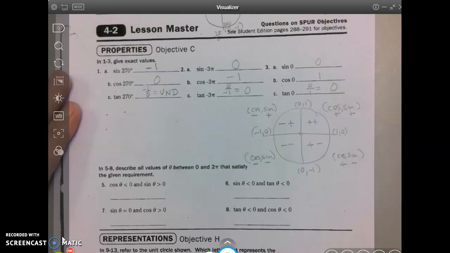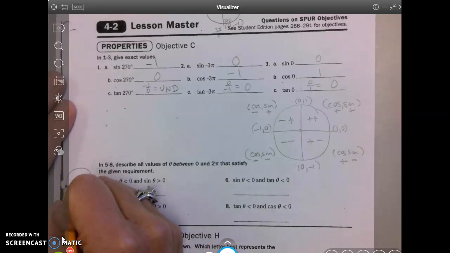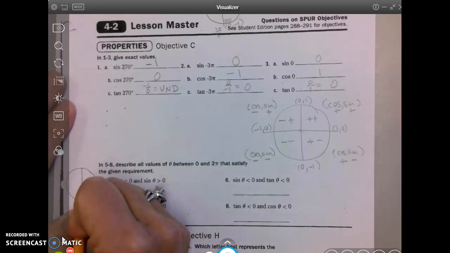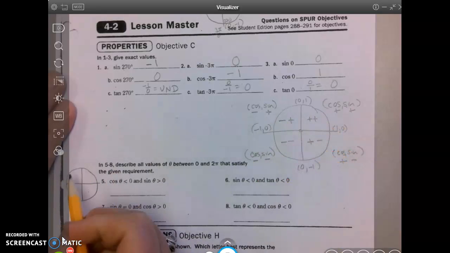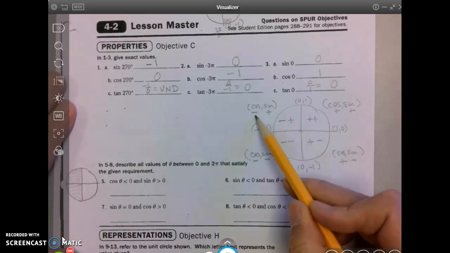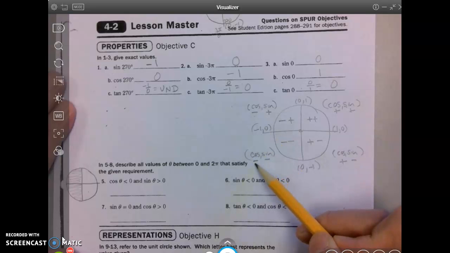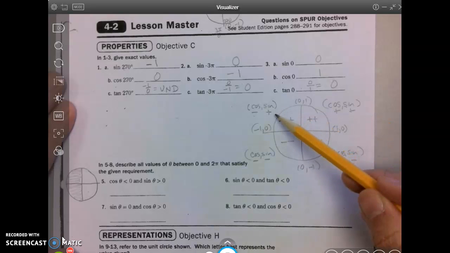And the first question, number 5, says, where is my cosine of theta negative? What I'm going to do is draw a picture and divide it into 4. My cosine is negative here and here on the left side of the circle. I'm going to shade it in lightly. My cosine is negative here, and it's negative here. And where is my sine greater than 0, which means positive? Sine is positive here and here.